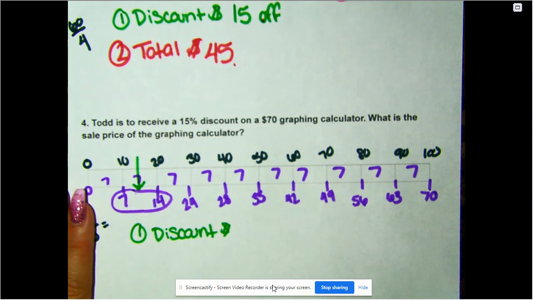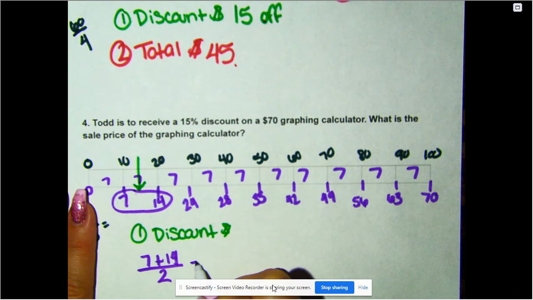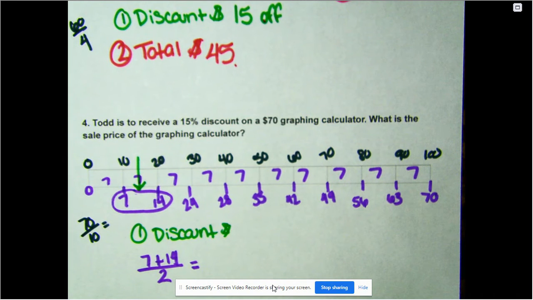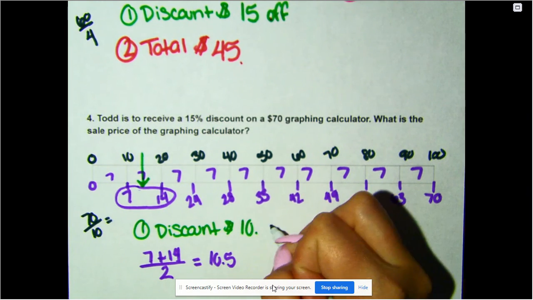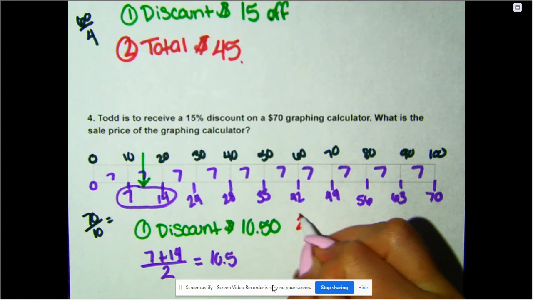This one isn't quite as nice. So we're going to do 7 plus 14, and we're going to divide that number by 2 to find what is in the middle. Okay, and when we do so, we get 10.5. And so in dollar amounts or in money, that would be $10.50.